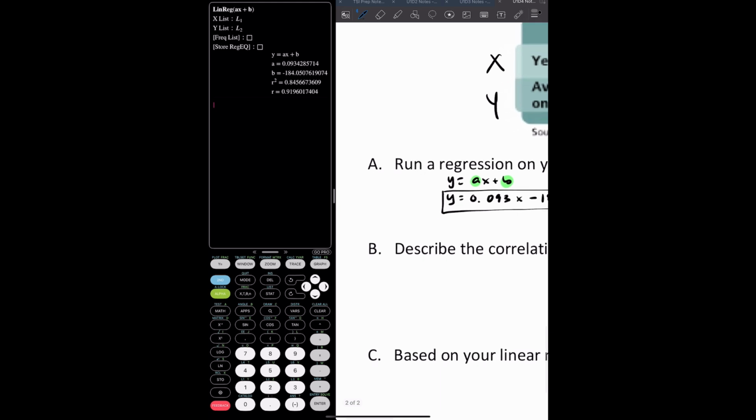So then we have our equation and the r value. So we have r equals 0.9196, and the reason why I have 4 decimal places is because of the 6 here. The 6 is going to change the 9 to a 0, and since this 9 turned into a 0, this thing gets increased by 1. So your r value is actually 0.92.